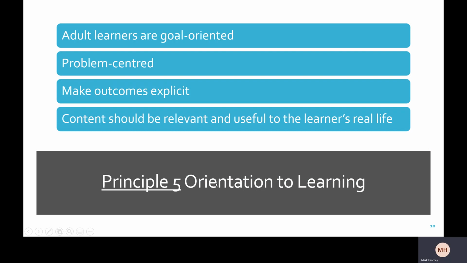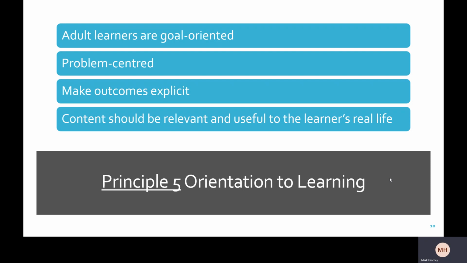That brings us to principle 5. And with principle 5, it is about orientation to learning. So with orientation to learning, as I mentioned, goal-orientated, it is problem-centered, it is solution-focused.